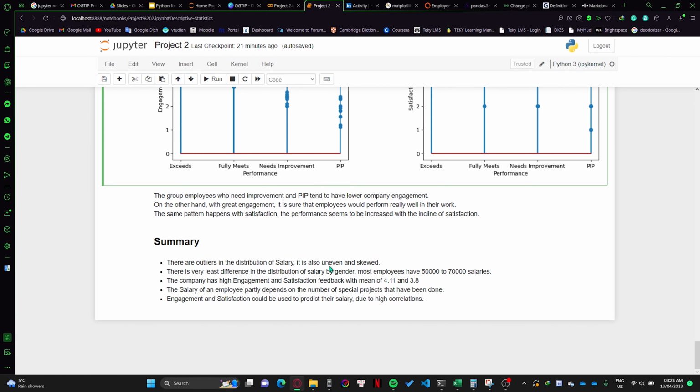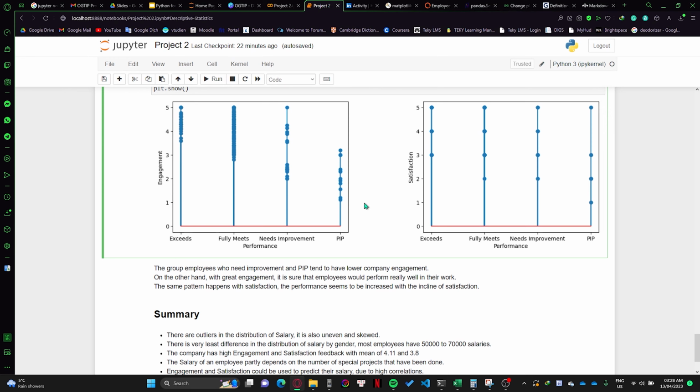The company has a kind of high engagement and satisfaction feedback, with means of 4.1 for the engagement and 3.8 for the satisfaction. The salary of an employee also partly depends on the number of special projects that have been done by them.